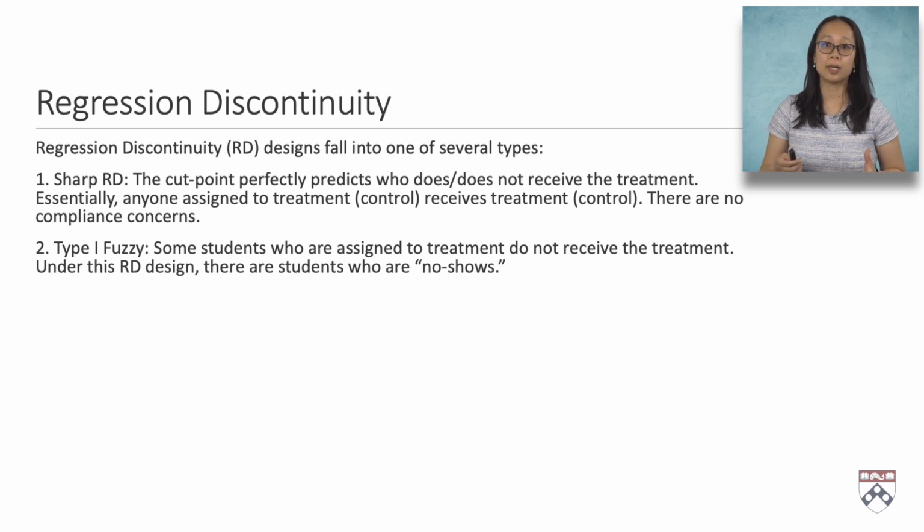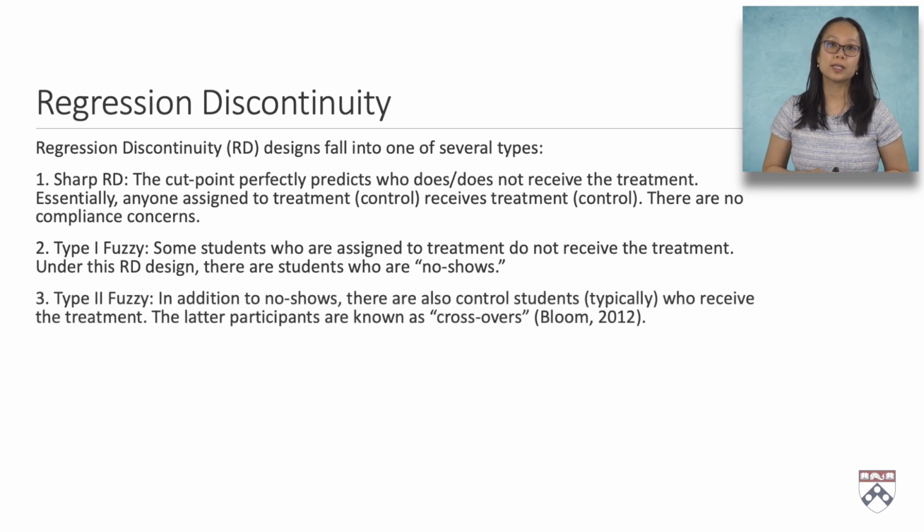And this might happen, for example, in the scholarship study, where a message or invitation is assigned to students based on their GPA. It's possible that some students who are given the invitation already know about the scholarships and may not feel the need to attend these sessions, and so they do not show up for those sessions. So those are individuals who would constitute no-shows. But analytically, no-shows present a challenge for estimation because they are essentially deviating from the treatment assignment.